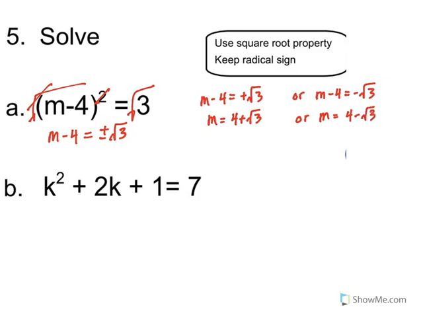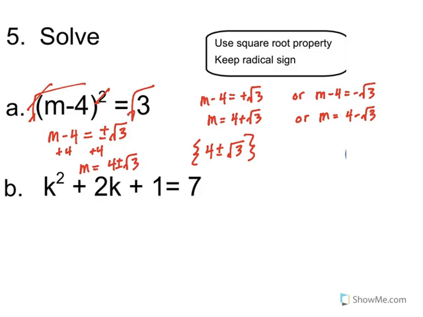We put the radical part at the end, or when I add, I could just leave it as m is equal to 4 plus or minus the square root of 3. When you're writing it in braces, the simplest form, the way that you're probably going to see it, is 4 plus or minus the square root of 3. But do recognize both ways.